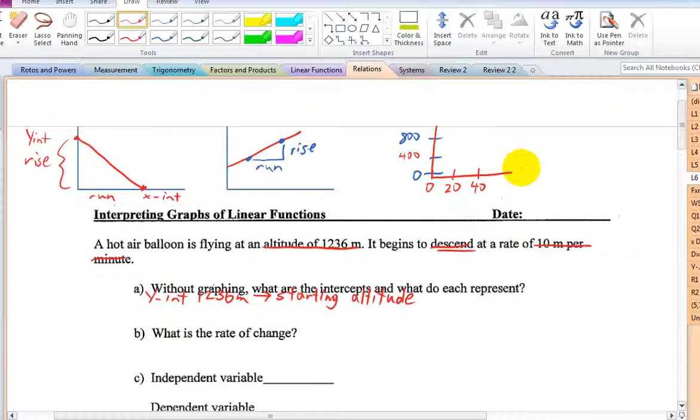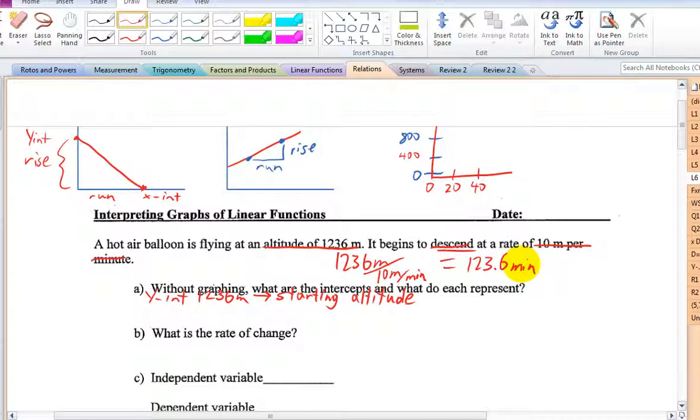Okay. So here we go. Now for your x-intercept, you're going to take 1,236 meters divided by 10 meters per minute, and that equals 123.6 minutes. Your meters cancel.